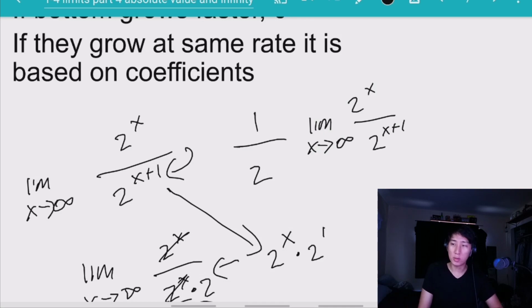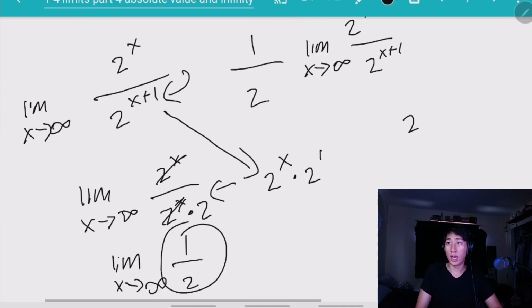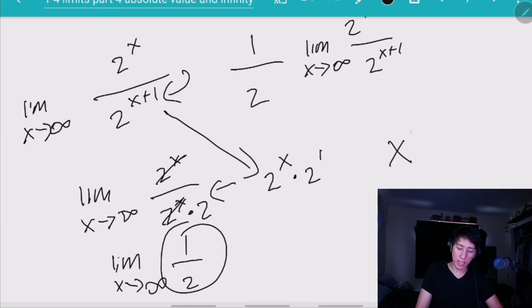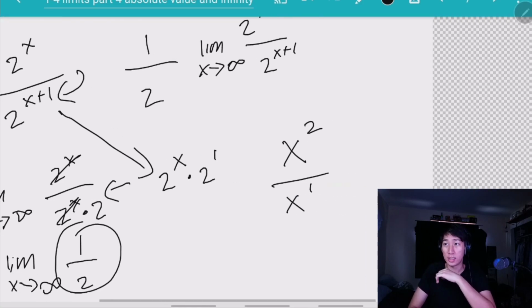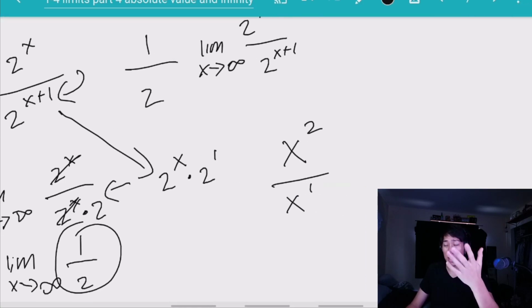Now, the main reason why that rule works, again, is you have something like x squared over x to the 1. The reason why it becomes infinity here is because this x gets larger and larger.